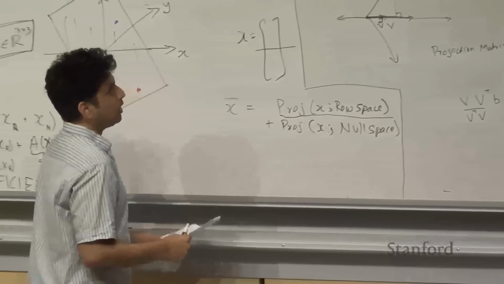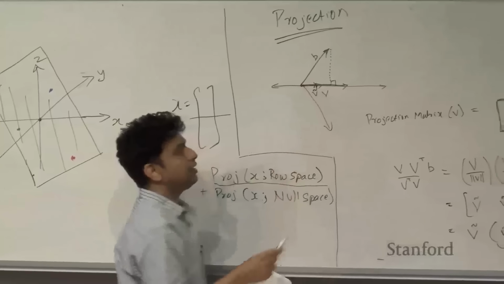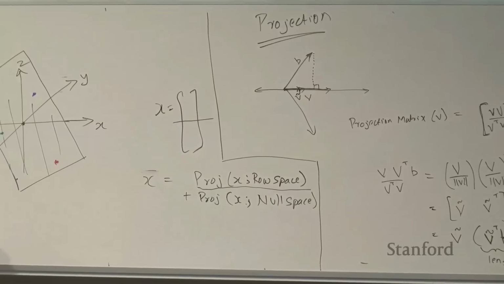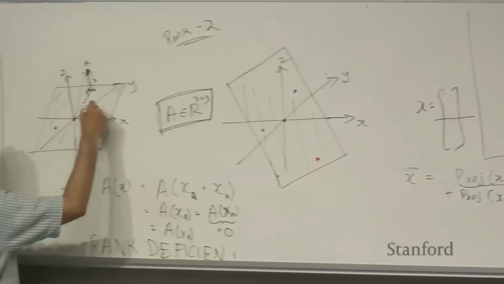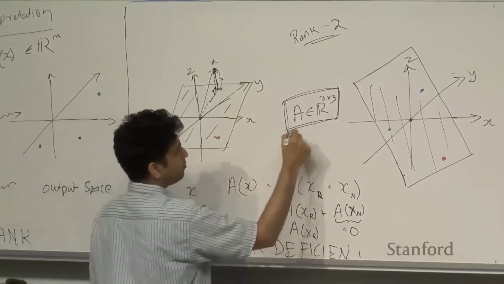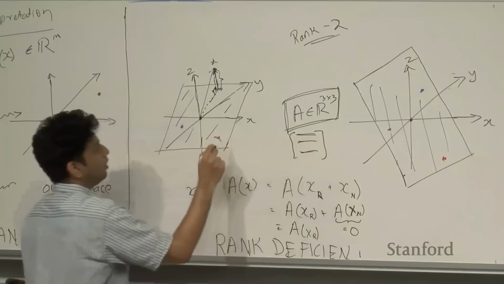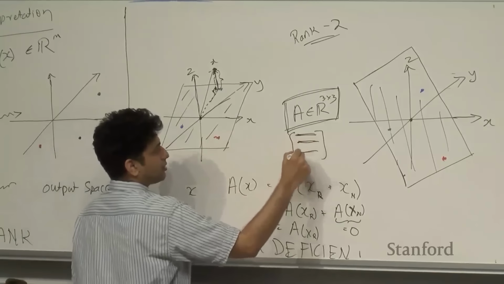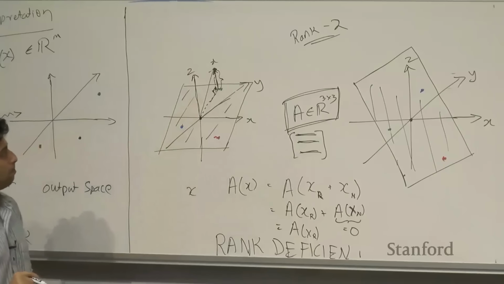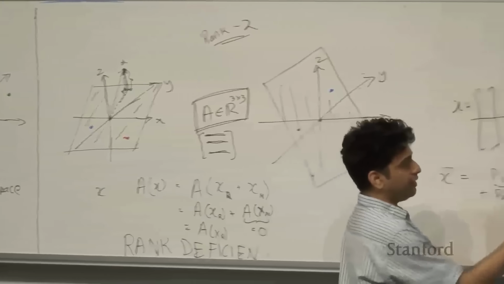Okay. Now, what happens if instead of one vector V, we have a collection of vectors, a bunch of column vectors? For example, let's say we have a subspace spanned by a collection of 3 vectors. If these are the vectors whose subspace we want to project onto, we follow something very similar to this.